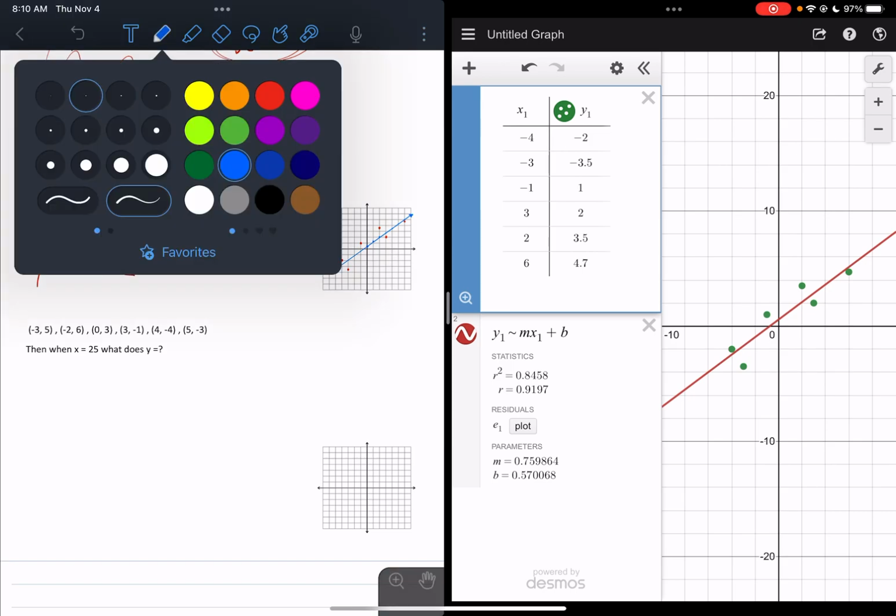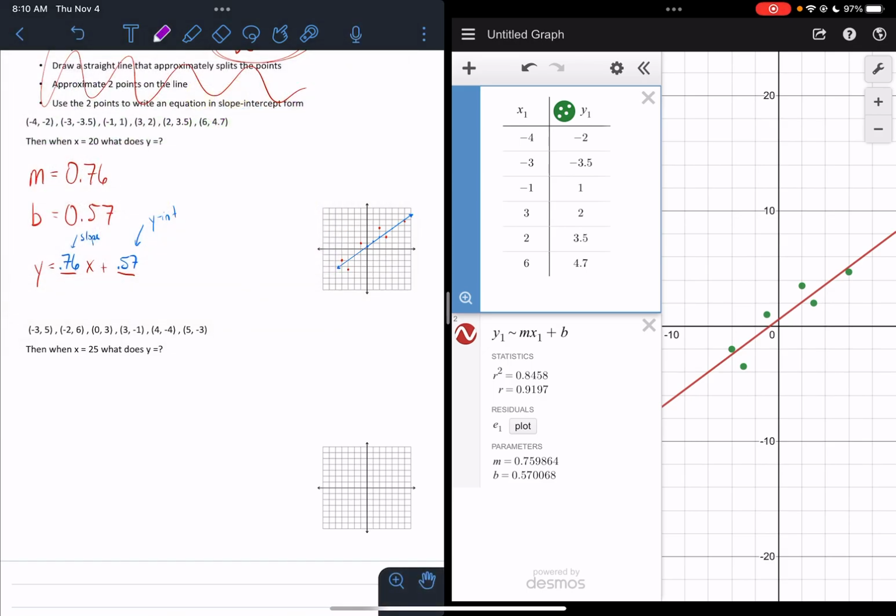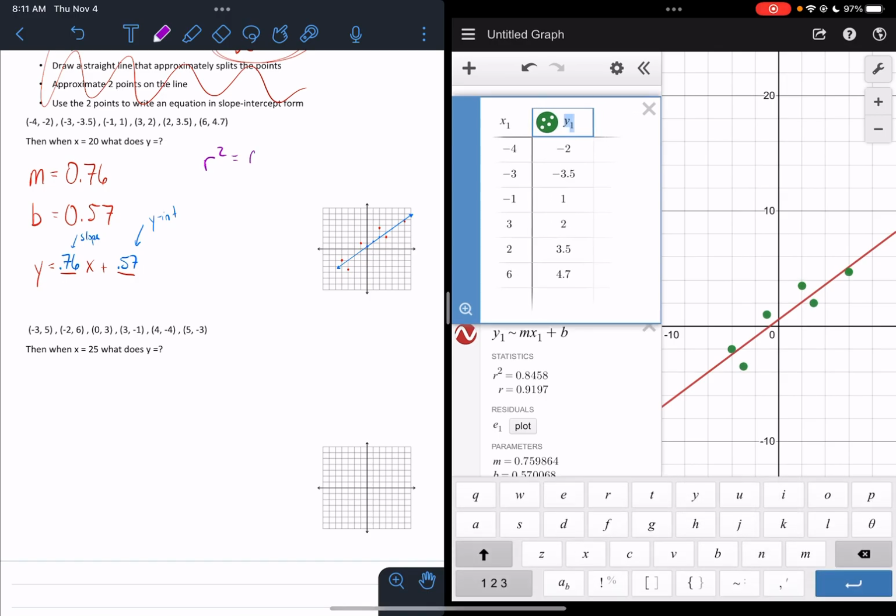The other thing that I want to point out really quick is that with this problem right here, I've got my R value, and we're actually going to use the R squared value, is 0.84.